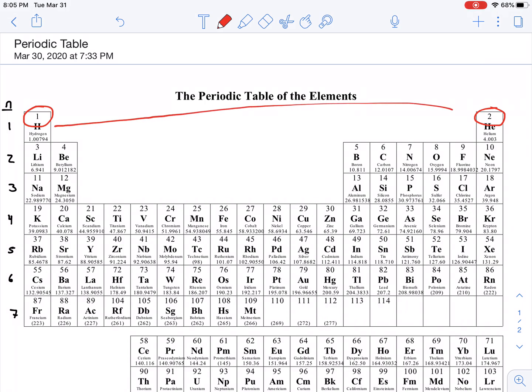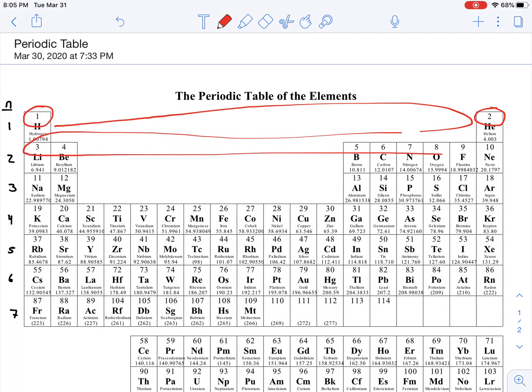So from hydrogen to helium, and then we come over here 3, 4, 5, 6, 7, 8, 9, 10, and then we come back over here 11, 12, etc. And once you get to argon, you jump down here to number 4 and look what happens here. All of a sudden, we go into a new group. We go over here, right? So let's get to that in a second.